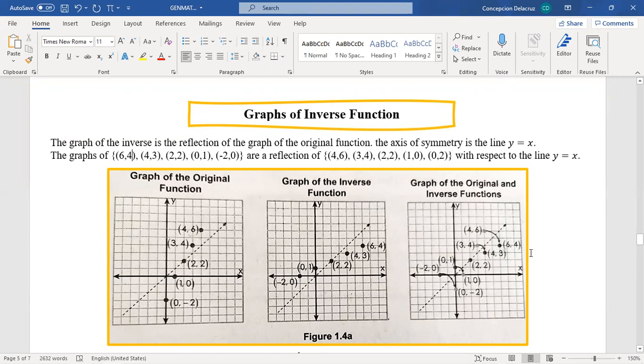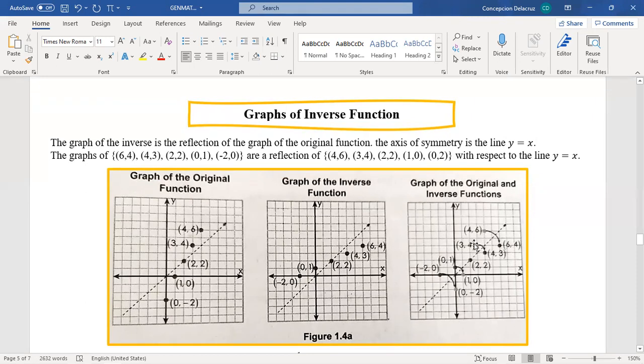So we put them together in one graph. As you can see, there is the line of symmetry which is y is equal to x. So as you can see, 4 and 6 and 6 and 4 is just a reflection, reflecting to the other side.